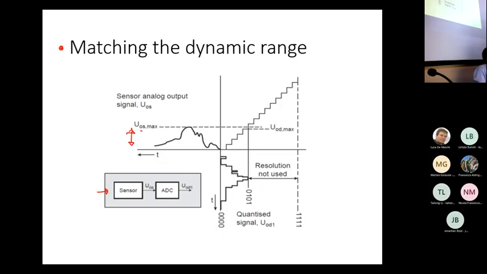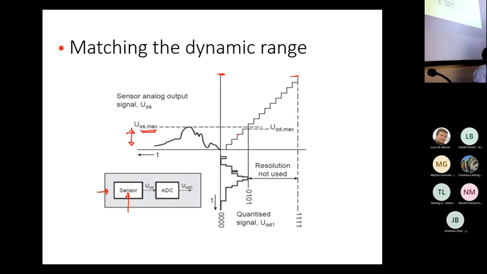This is the maximum output in terms of voltage that this generic sensor can realize. Suppose that we feed the output of the sensor directly to an ADC. The ADC input range accepts inputs up to this point.